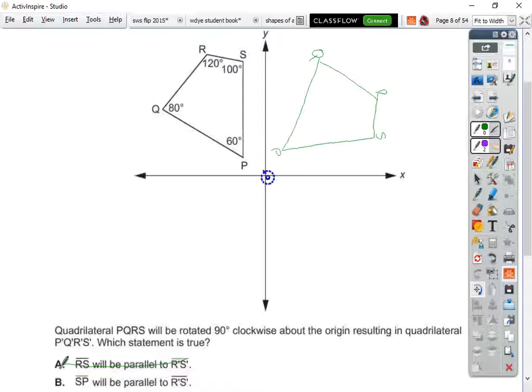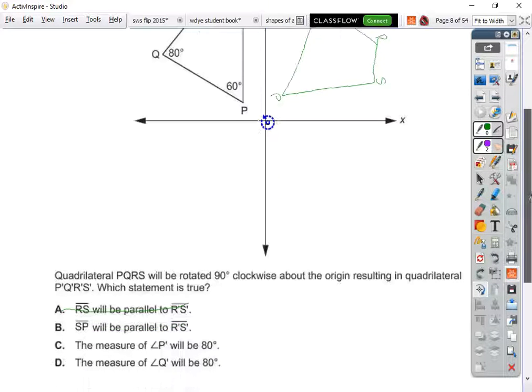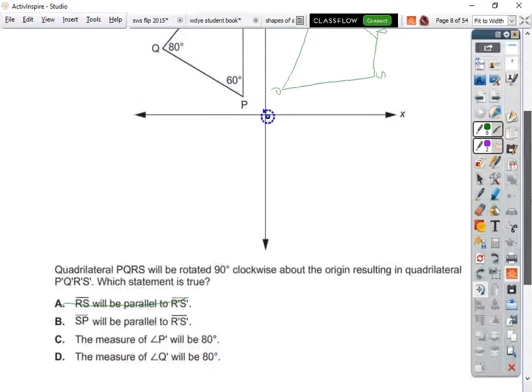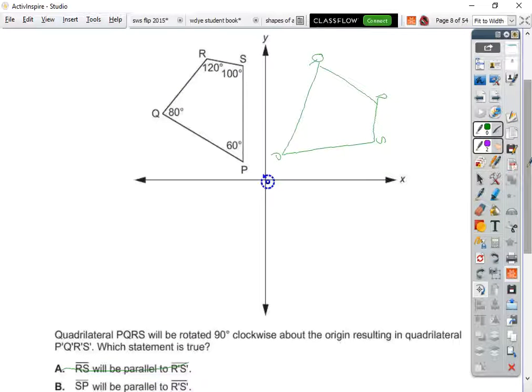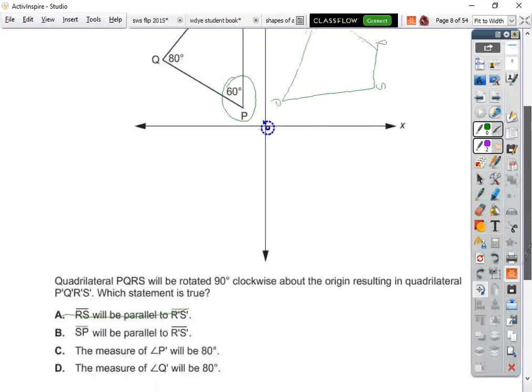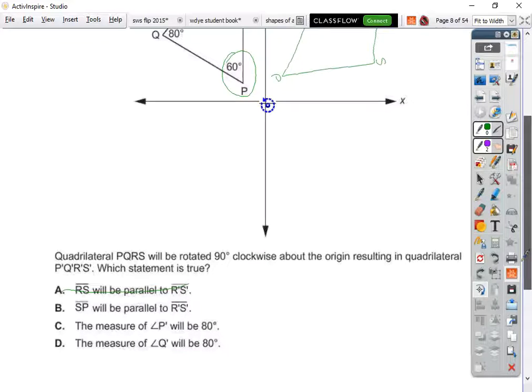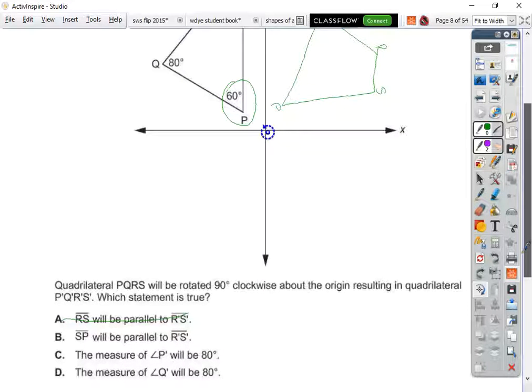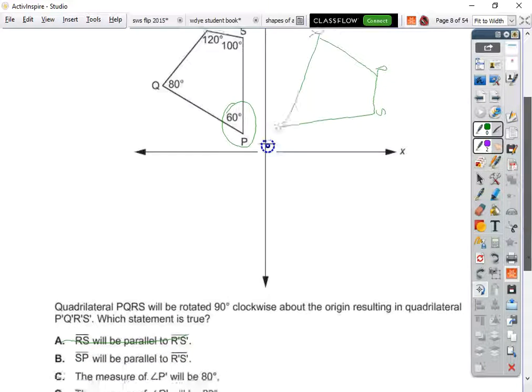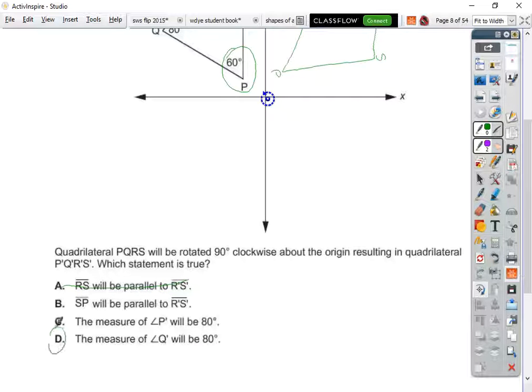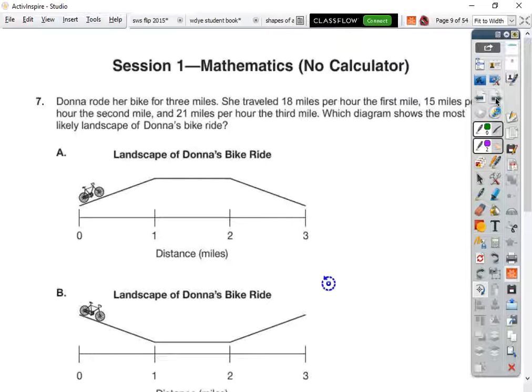Well, that is reasonably close. Let's see if we can find a better answer, though. Let's keep going. The angle measure of P prime will be 80 degrees. Well, was it 80 degrees already? No. And you know, similar shapes do not change angle measurements. The angle of Q prime will be 80 degrees. Well, if Q is originally 80 degrees, Q prime will be 80 degrees. So this is the only one that will be true because similar shapes do not change angle measurements.